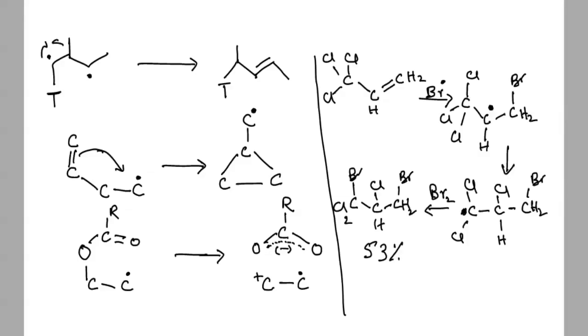Besides these examples, there are other groups which show the ability to migrate, for example, halogen groups. In this case, we generate a free radical of this type, which is a secondary free radical, and on both sides there is carbon attached.